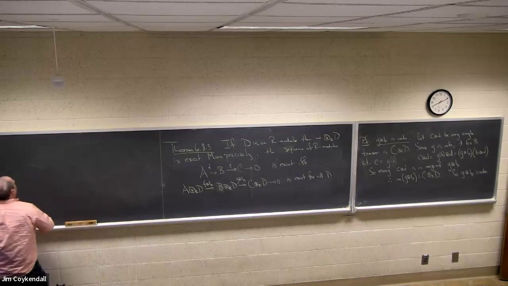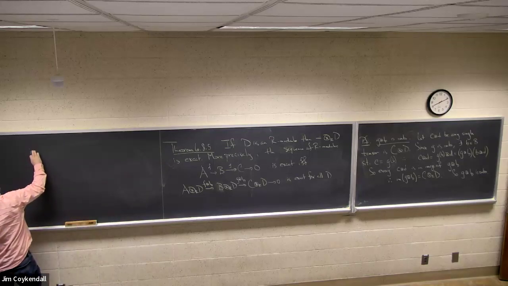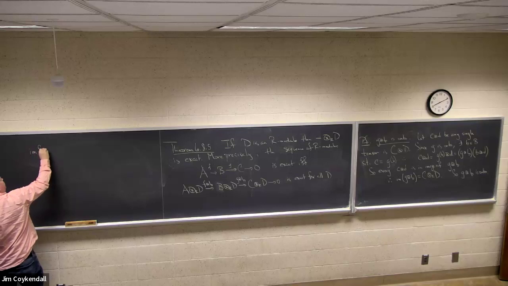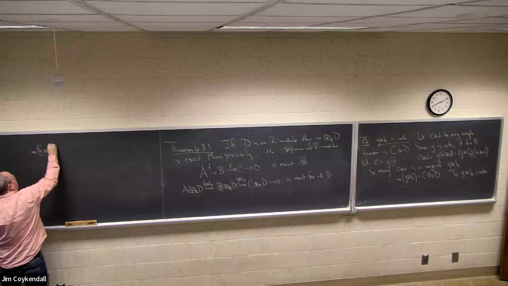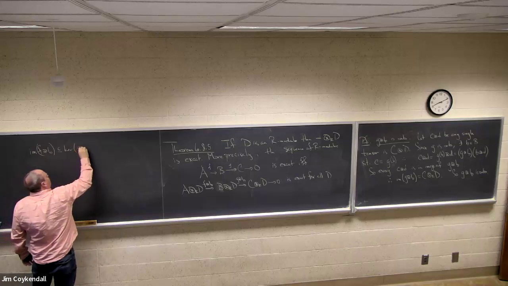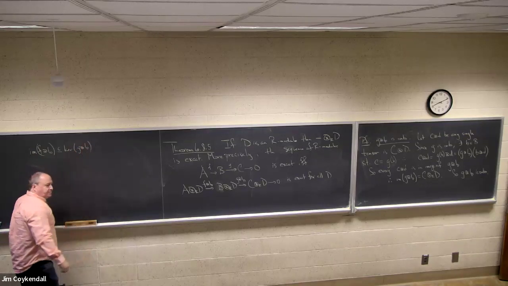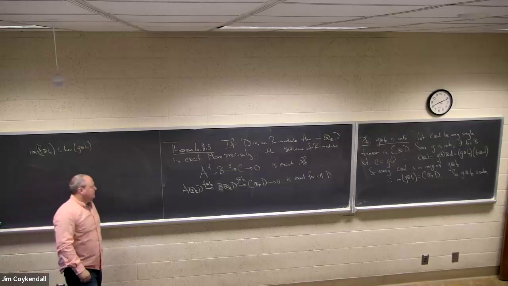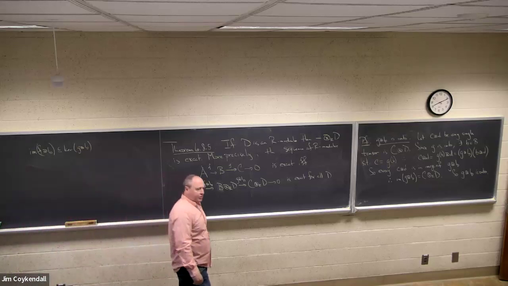Okay. Next, I want that the image of F tensor 1_D lie in the kernel of G tensor 1_D. And this one's also not too bad.